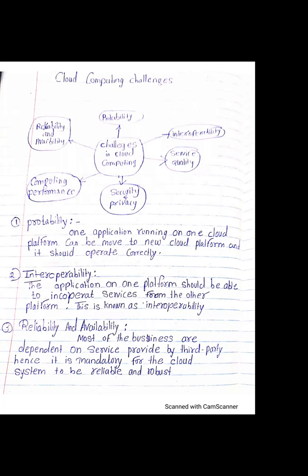ओके, देन reliability and availability. Most of the businesses depend on services provided by third party. Hence, it is mandatory for the cloud system to be reliable and robust.